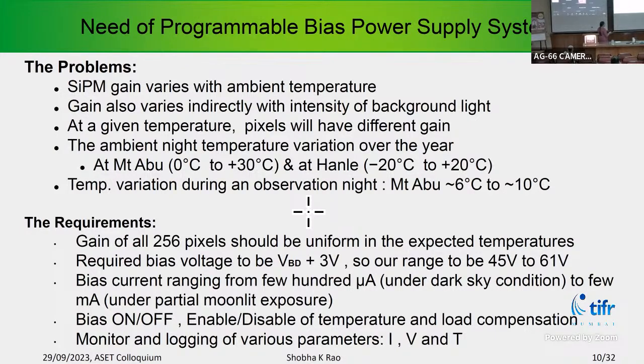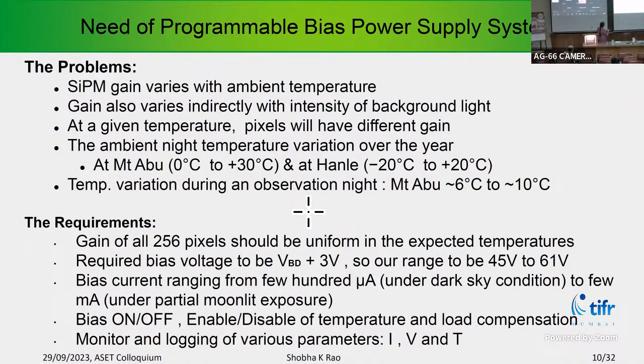This is after various studies that we did before we actually built our circuits. So the range that we require is 45 to 61, and then during our observation night, depending upon the sky condition, the current requirement of the SiPM can vary from a few microamps to milliamps.